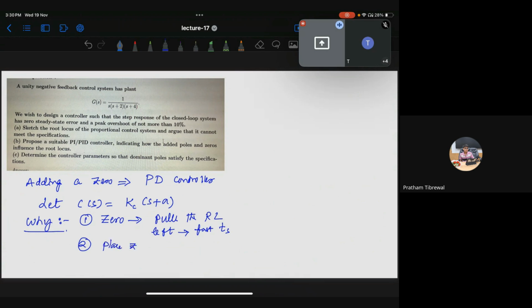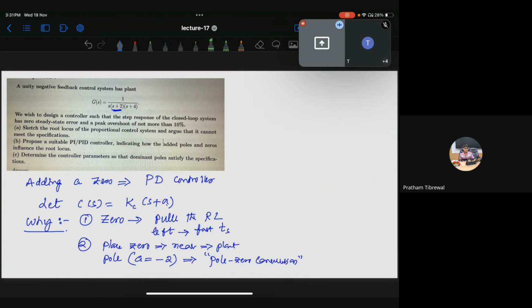Second point is, if you place the zero A near the plant pole, let's say your plant has S equal to -2, suppose you take A equal to -2, this would lead to pole zero cancellation.